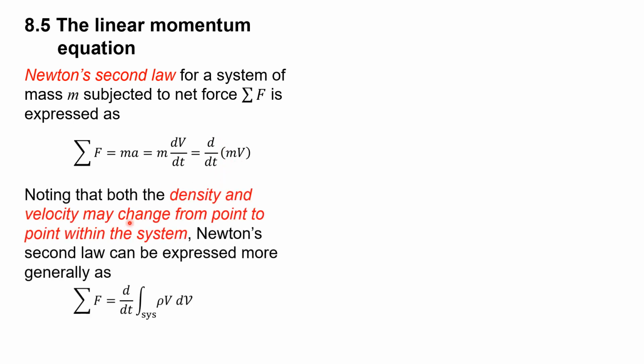Noting that both the density and velocity may change from point to point within the system, Newton's second law can be expressed more generally. If you know that the force is not constant and the density and velocity keep on changing, then you can take the integration over a few points.